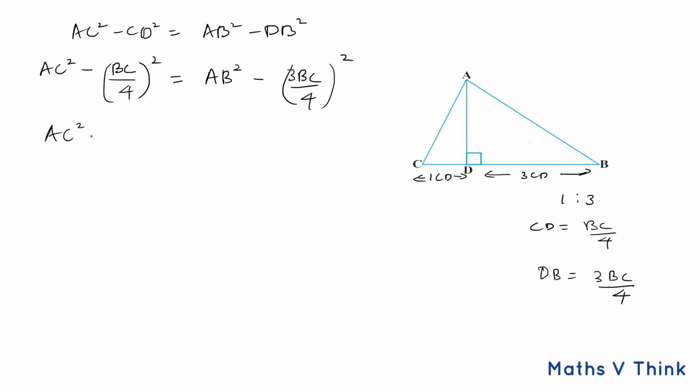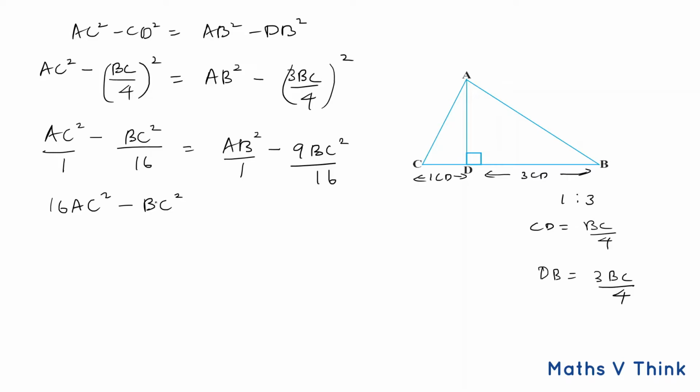So AC square minus BC square by 4 square, which is 16, is equal to AB square minus 3 BC square, 3 3s are 9, and BC square by 4 square is 16. So taking LCM we get 16 AC square minus BC square by 16 is equal to 16 AB square minus 9 BC square by 16.